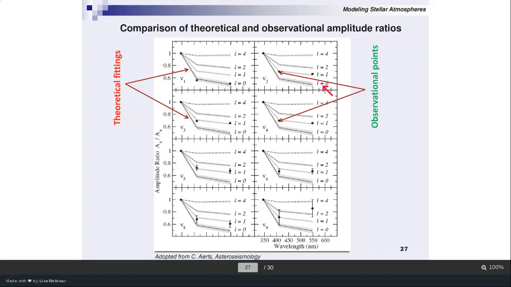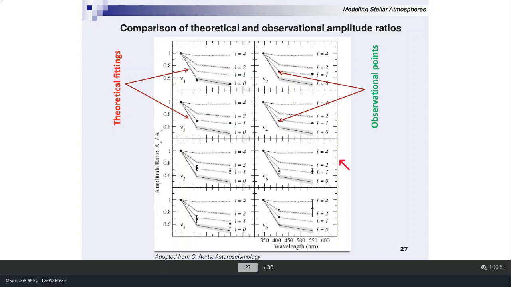So you can change the modes in the theoretical analysis, L equals 1, L equals 2, L equals 3, and see whether your observation falls on these areas, whether it falls on L equals 0, L equals 1 or L equals 2. Therefore, you have a method to clearly say whether the oscillation frequency is exactly an L equals 0 mode or an L equals 1 mode. So this is the method.